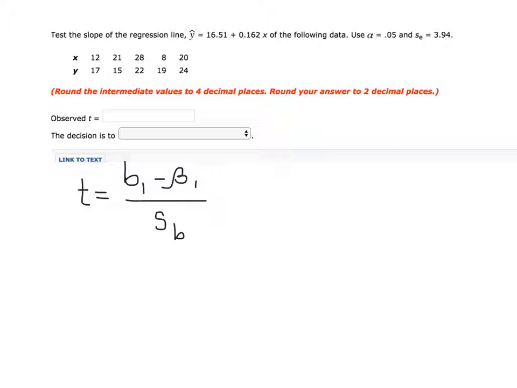And the formula you've learned to use for that t-test statistic is to take b sub 1, your sample slope, which in this case we can clearly see is equal to this number in front of the x, 0.162.